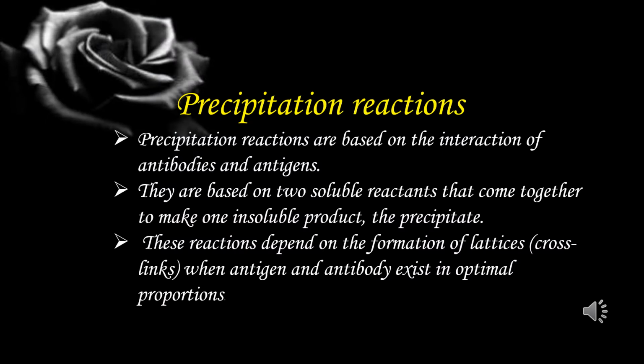Looking into the precipitation reactions. The precipitation reactions are mainly based on the interaction that occurs between the antigen and the antibody. Usually when the reaction occurs, it is mainly based on two soluble reactants that come together to make an insoluble product, which we generally call the precipitate.